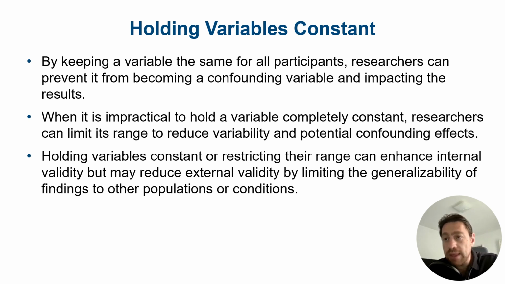Now, there is a downside to keeping variables constant, and maybe you can guess what that is. When you hold a variable constant, you may increase internal validity by removing that variable as a confound, but you may partially jeopardize external validity because now it isn't clear if your results will generalize beyond these ranges that you have set for your variables.